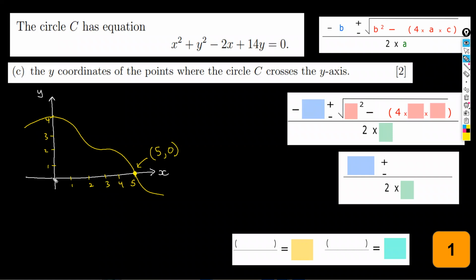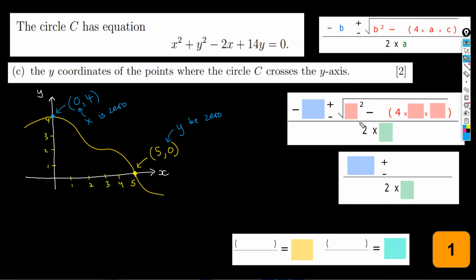When any graph in the world cuts the x-axis, the y value will always be 0. And it's the opposite for the y-axis. Any graph that cuts the y-axis, the coordinates of this point are 0, 4. You will notice that x is 0. So that's a general trait for any graph cutting the x or y axis.